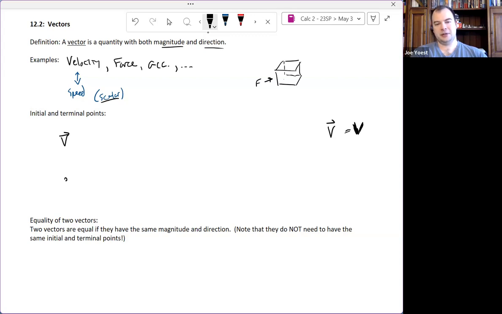It has an initial point, usually represented by a dot. It has a terminal point that's usually represented by an arrow. And then we connect the dot to that arrow.